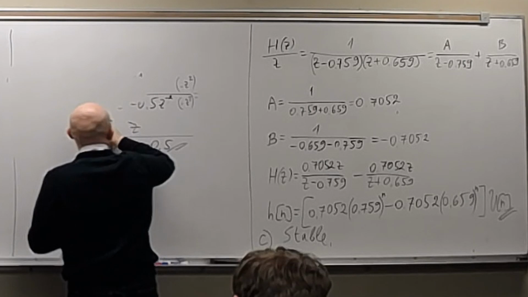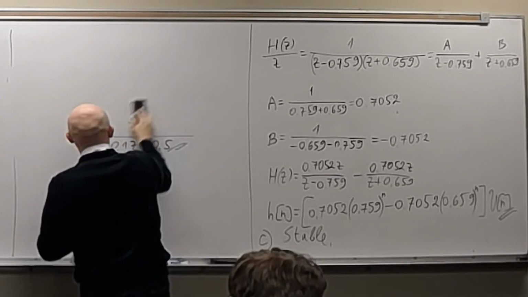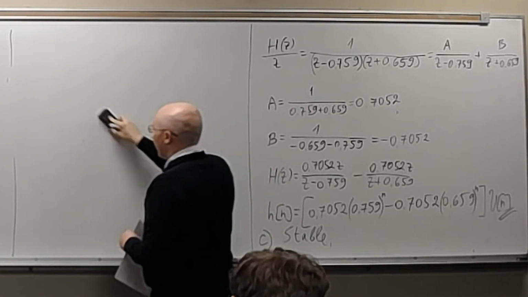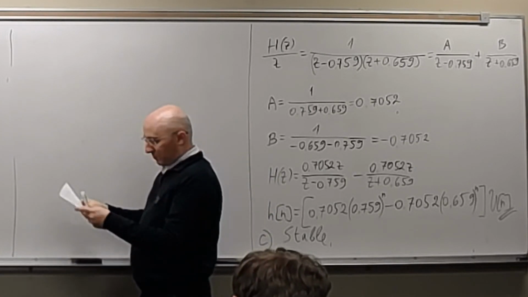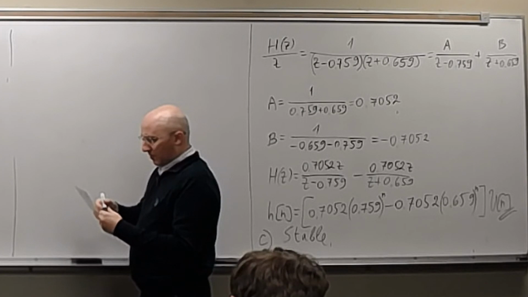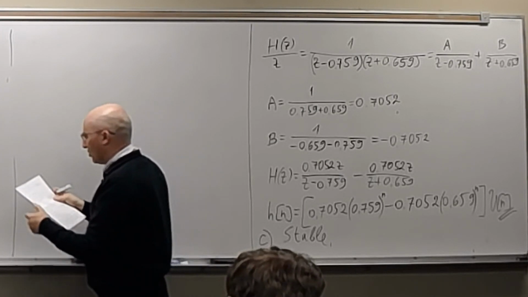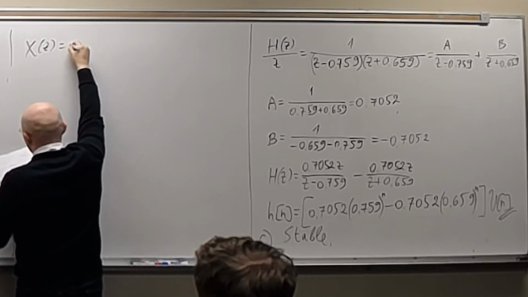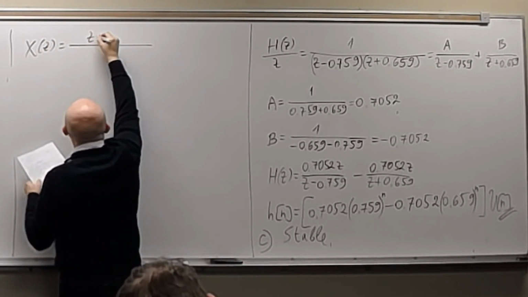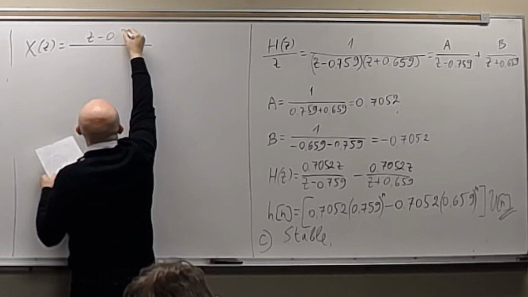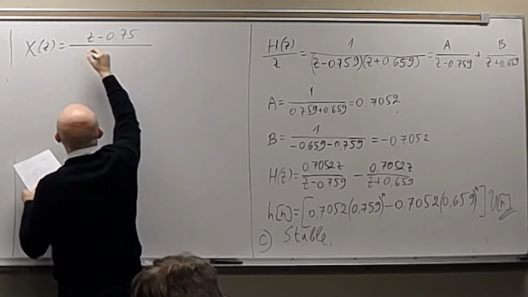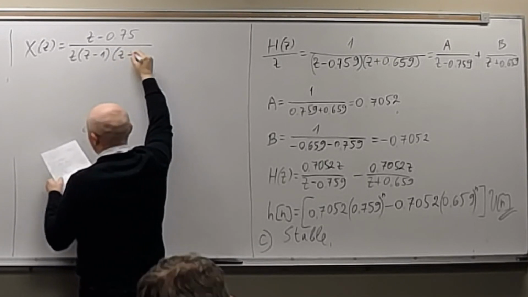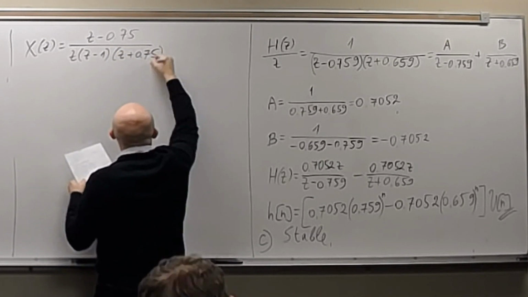Again, something similar to Laplace transforms, but related to the initial value and final value of the Z transform, which have also very similar theorems. So the question goes like that. You have the Z transform of a signal given by X of z, and this is z minus 0.75 divided by z, z minus 1, z plus 0.75.